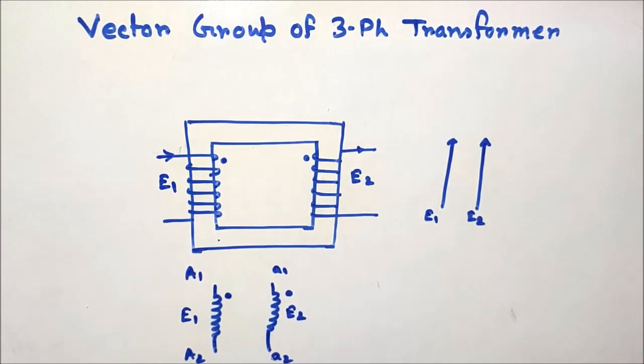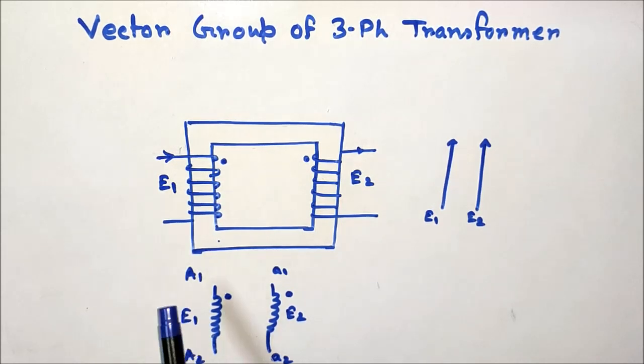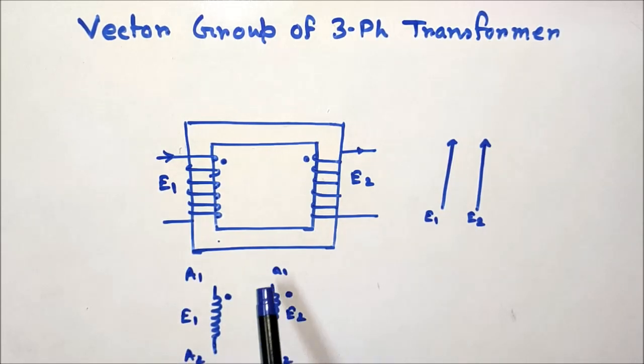But in the case of a three-phase transformer, there are three coils. For a single-phase transformer, there is only one coil, that is, one coil connected in the HV side and one coil connected in the LV side. Induced EMF is E1 in the HV side winding and E2 in the LV side winding.